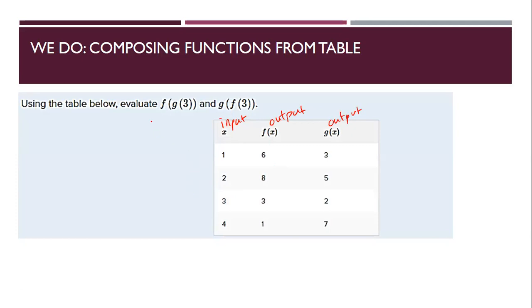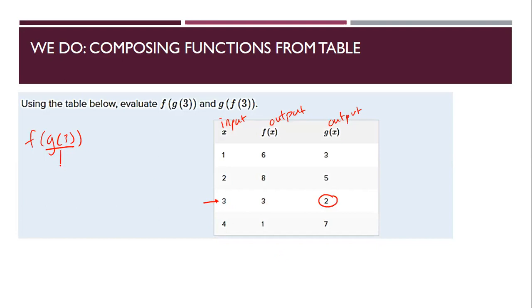All right. So when we have f composed of g of 3, what that means is I'm going to first find g of 3 first. So g of 3 means I'm going to go where x equals 3 and find its value at g. So x equals 3, and I'm going to find its value at g, which is 2.